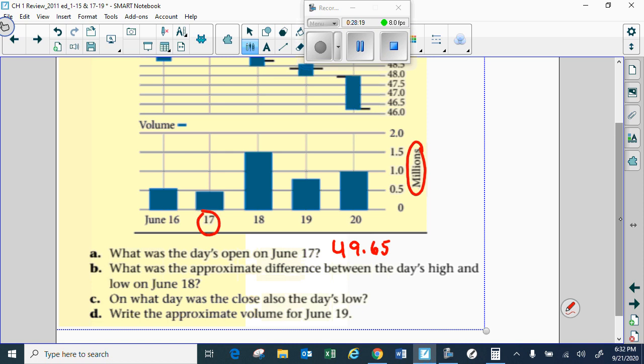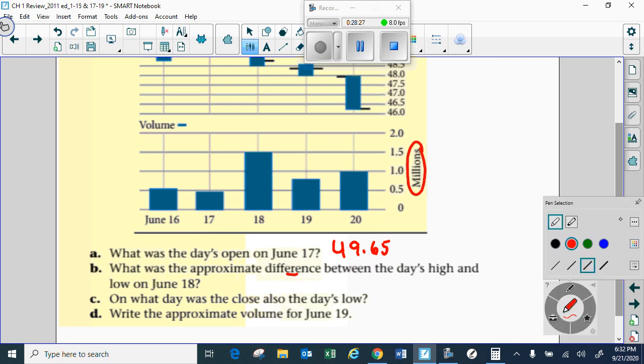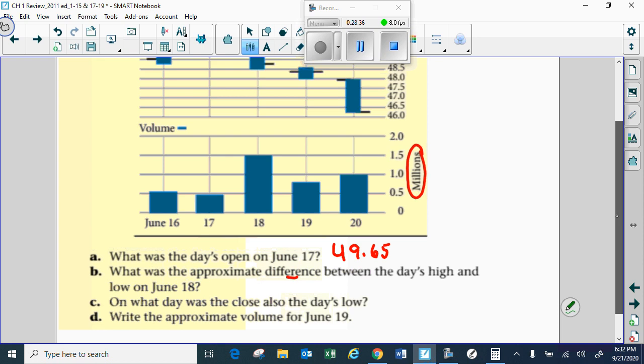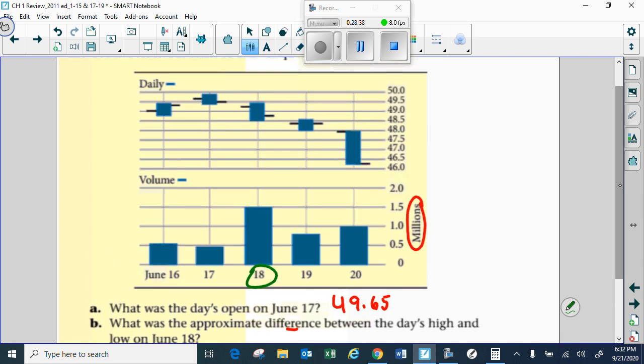What was the approximate difference? Remember, difference means subtraction between the day's high and low on June 18th. So now we go to June 18th. We'll change the color. We'll go green. And again, we're going to subtract between the day's high and low on June 18th. So the high was about 49.5.